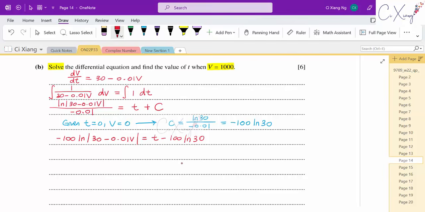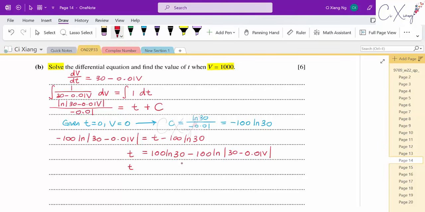From this part, I keep t on one side and move all the other terms to the other side. So this is basically what I get. If you want, of course, you can further simplify. If you don't want, you can just stop here and go on to answer the next part of the question.